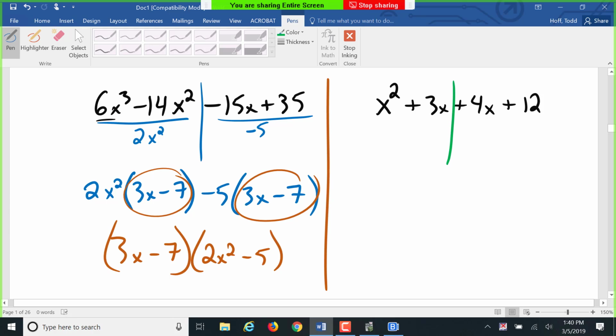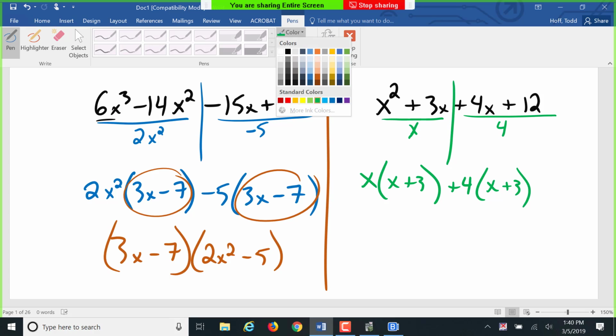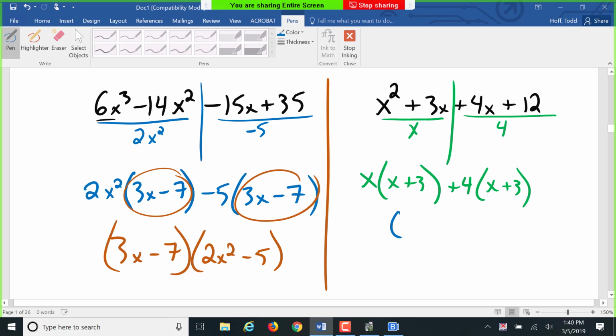For the x squared plus 3x, I can factor out what? Just x. I divide that out, I get x plus 3. 4x plus 12, I can divide out 4, right? Which would leave me with x plus 3. So that is x plus 3 times x plus 4.